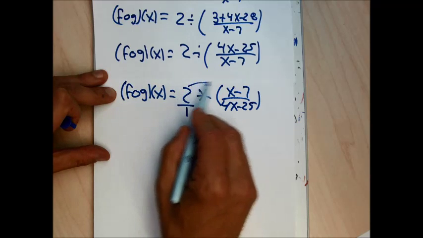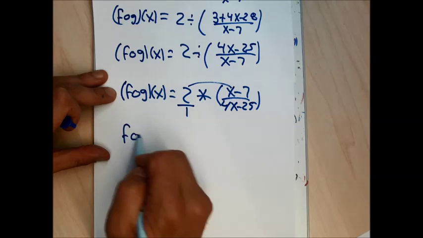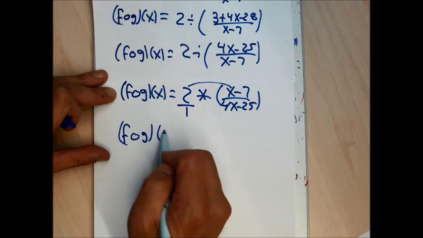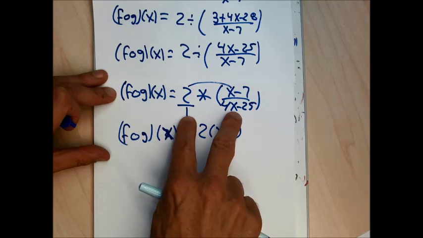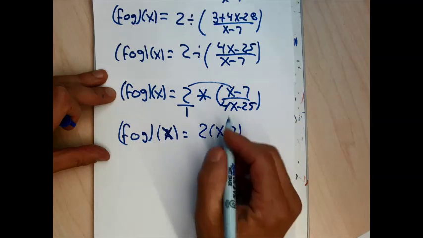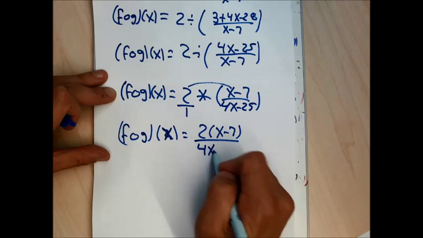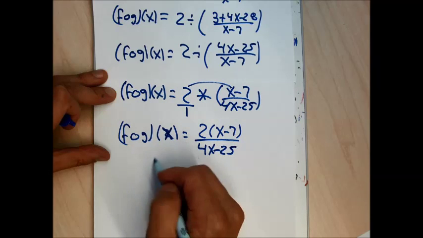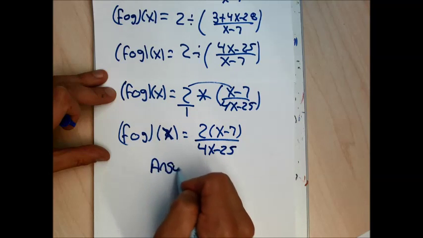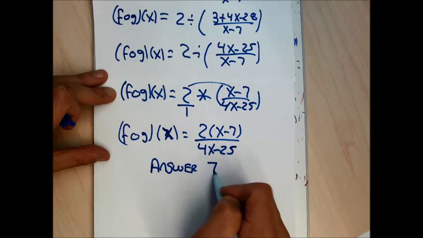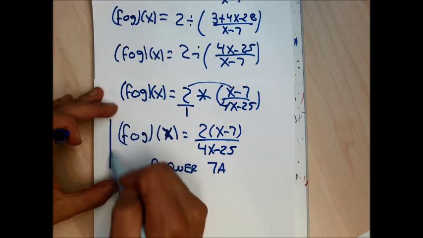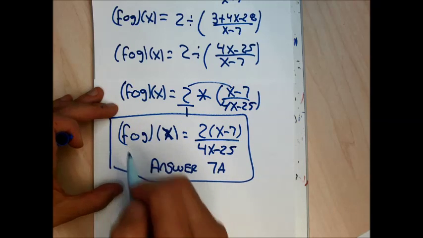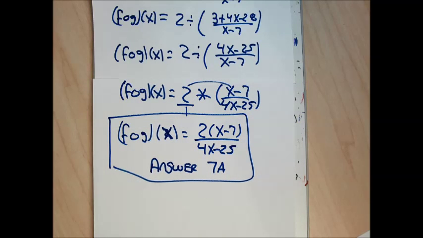So I'm going to multiply 2 times the numerator, and I'm going to leave it factored, and get 2 times x minus 7 in the numerator, and multiply 1 times the denominator. 1 times 4x minus 25 is 4x minus 25. This is as nice of an answer to 7a as I can get. That's what f composed with g of x is in a nice, reasonably simplified answer.